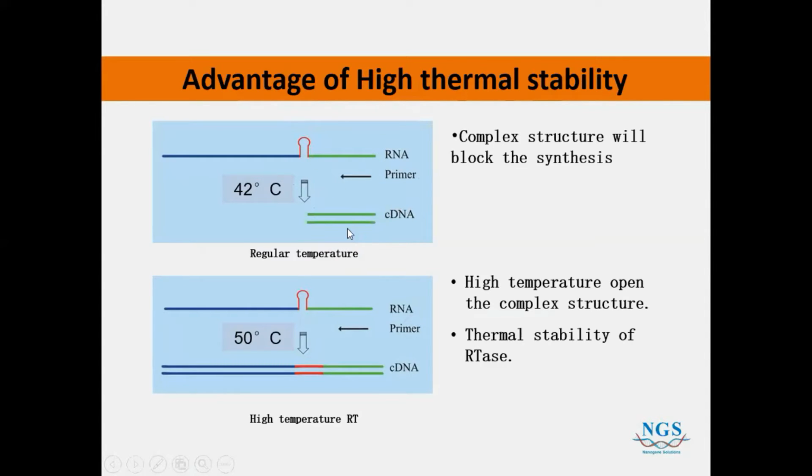So in order to break open this structure, we need to increase our temperature up to 50 degrees Celsius. After we break open the complex structure, only then can we get our full-length cDNA. So in order for this reaction to proceed smoothly, our enzyme needs to have very high thermostability.